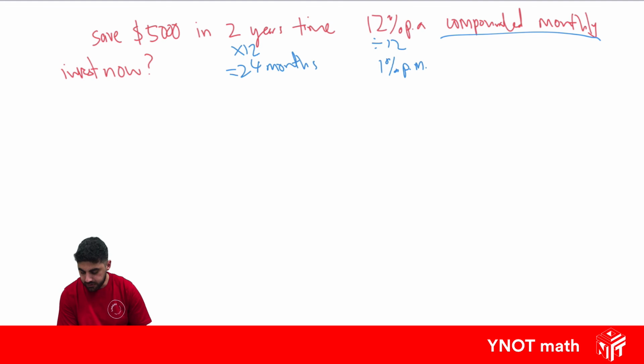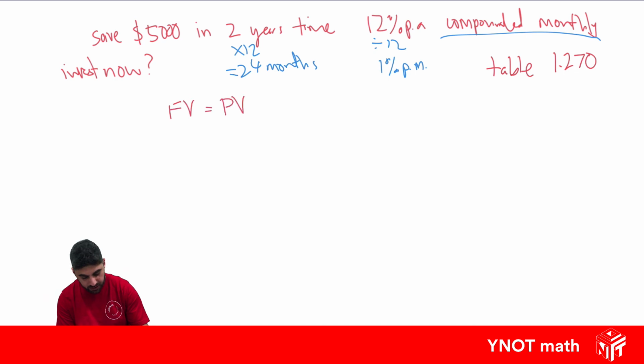And now we can just look up the value in the table that matches with the 1% and the 24-month time period. And that value in the table is actually 1.270. And we know future value is going to equal the present value times the value from the table.